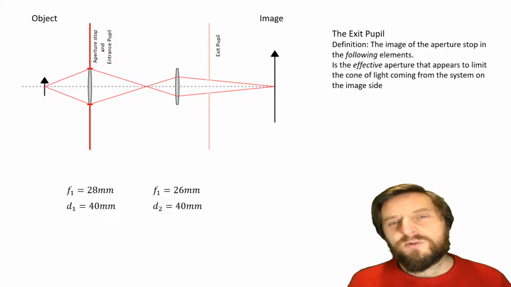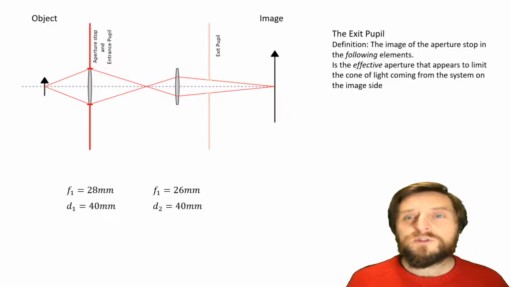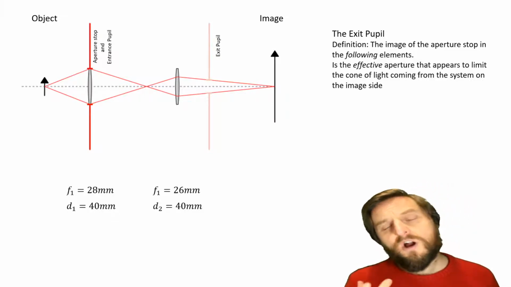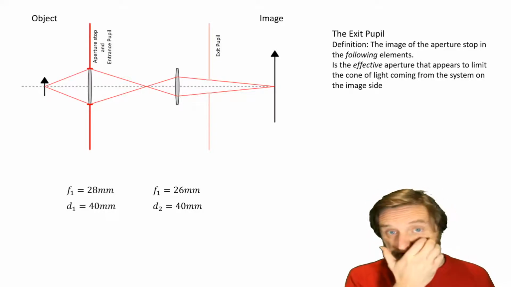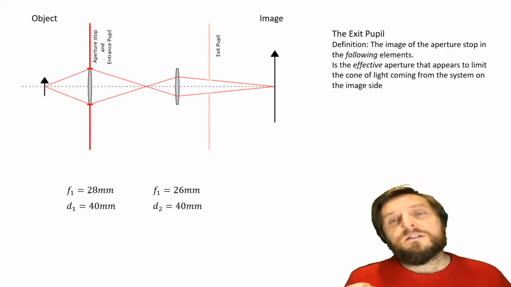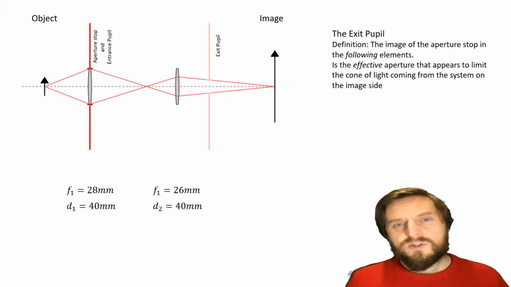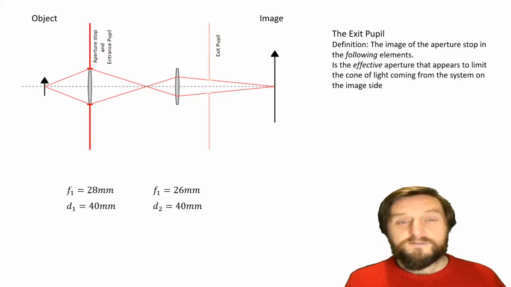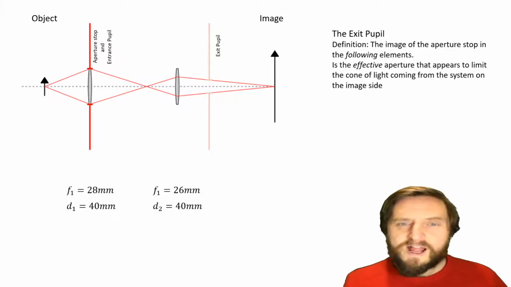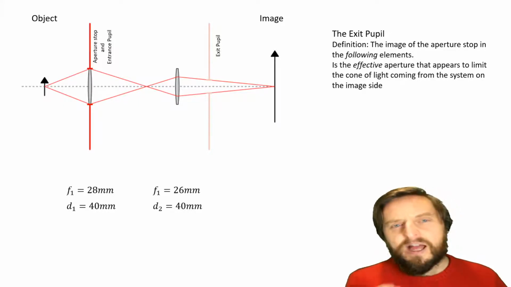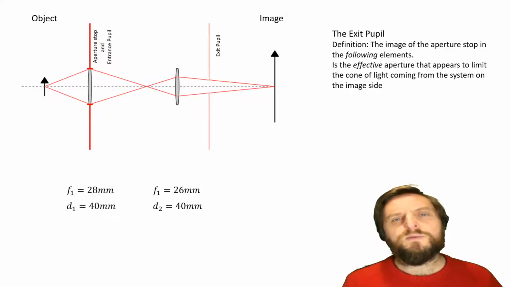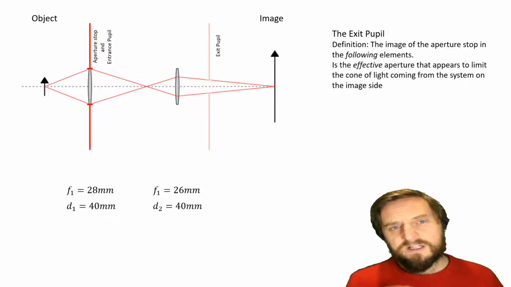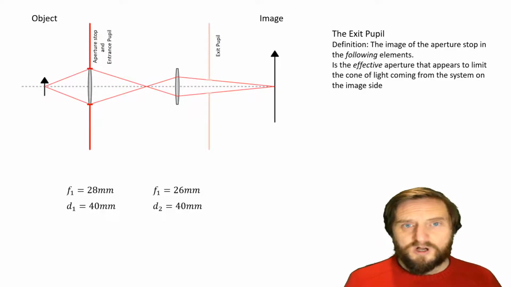Now, in optical design, the exit pupil is very important, particularly for systems that you are looking into, because your eye is itself an optical system. And in order to connect those two optical systems together, the entrance pupil of your eye, which is your actual pupil, has to coincide with the exit pupil of the system that you're looking at. If it does that, then all the rays of light that leave the system will enter your eye.